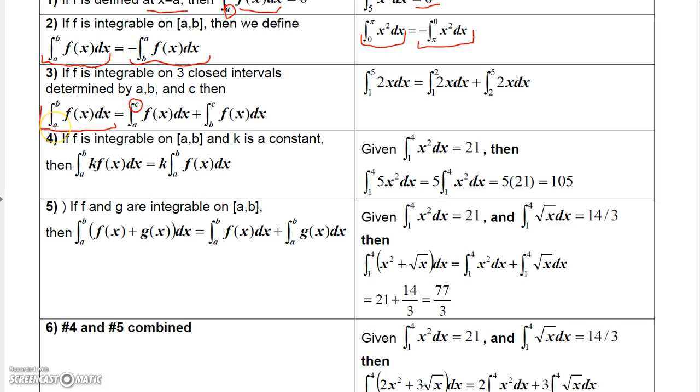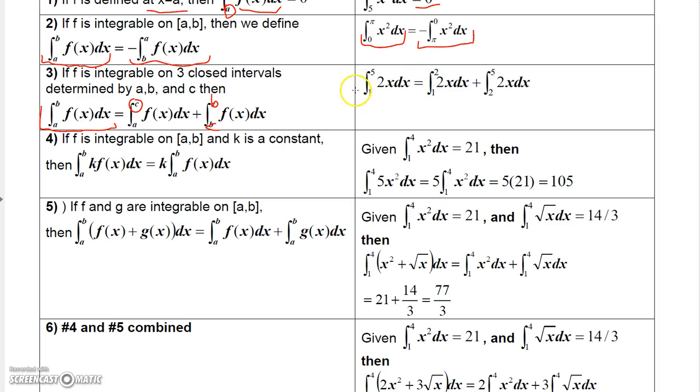You integrate from a to c of the function, and then integrate from c to b of that function.